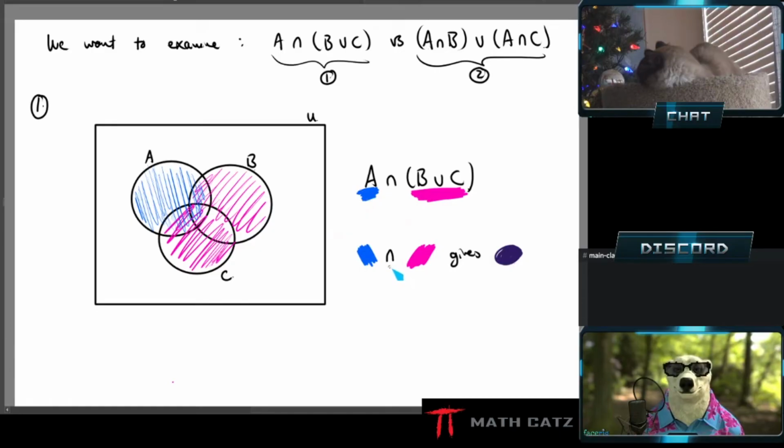But it says intersection. Intersection is overlap. So it has to be in both. It has to be blue and it has to be pink. Which areas are blue and pink? It's these guys. Now I'm just going to outline it so it doesn't get too confusing visually.